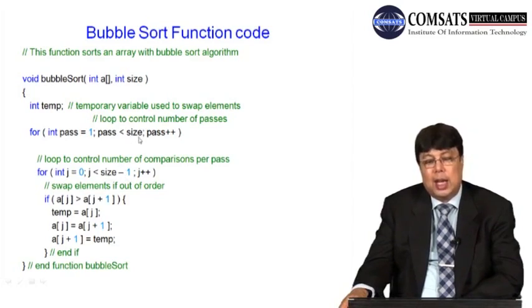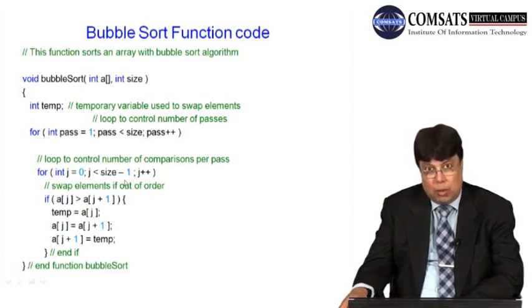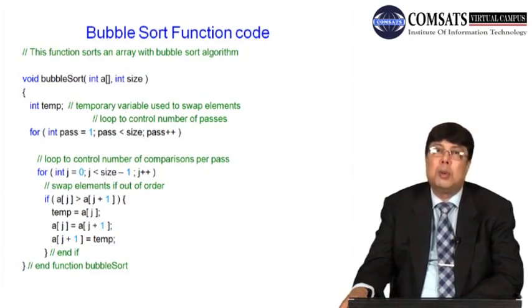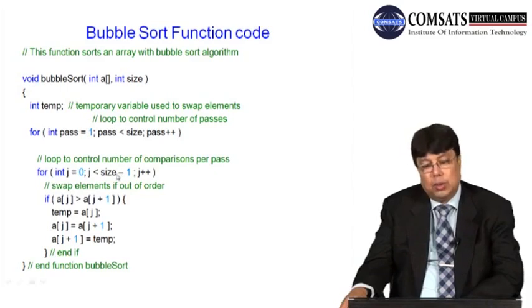When we say less than size, it means size minus 1. And here size minus 1 with less than means size minus 2. When it is size minus 1 and less than, it will obviously be size minus 2. Suppose the value of the size is 10, size minus 1 is 9, and j less than 9 means j is equal to 8. So it is understood how the comparisons will be used here.